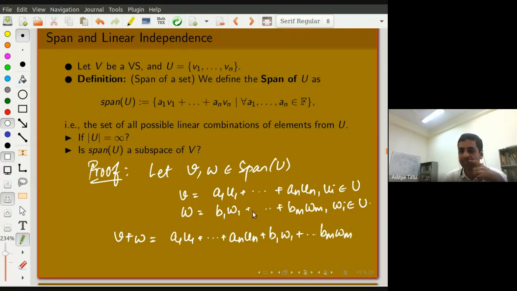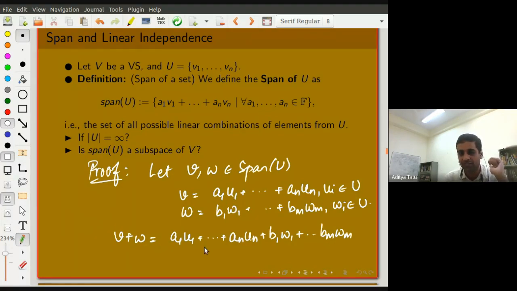Don't make any assumption which is not given in the statement, right? So for example, why should we assume that V is also a linear combination of U1 to UN and W also is a linear combination? Probably a different linear combination, but still a linear combination of the same elements, right? Do not make such assumptions.